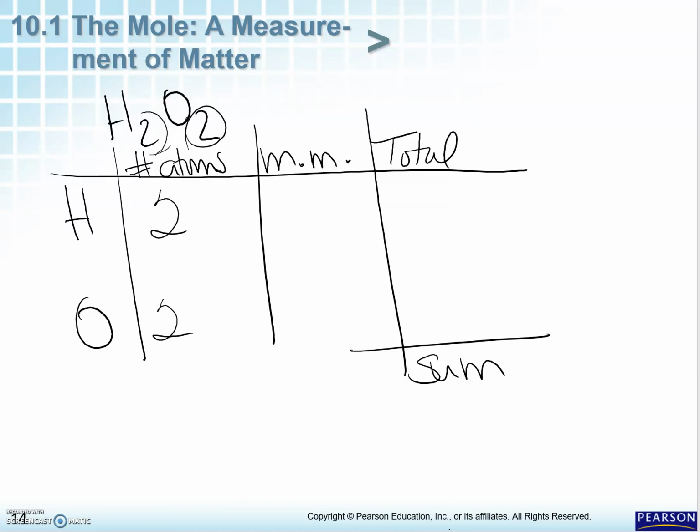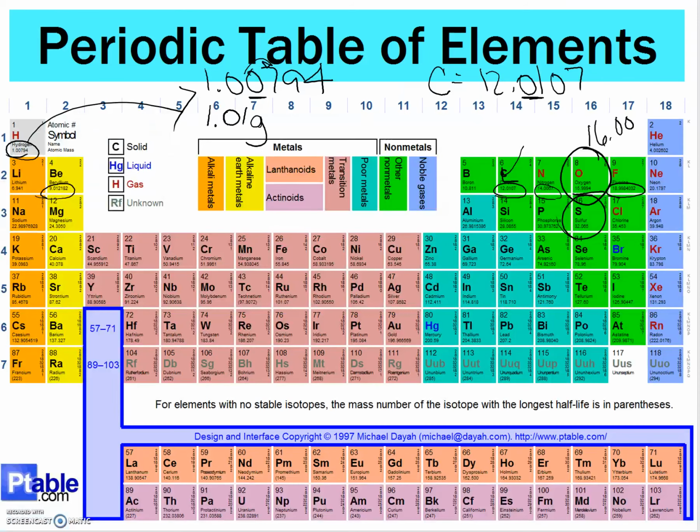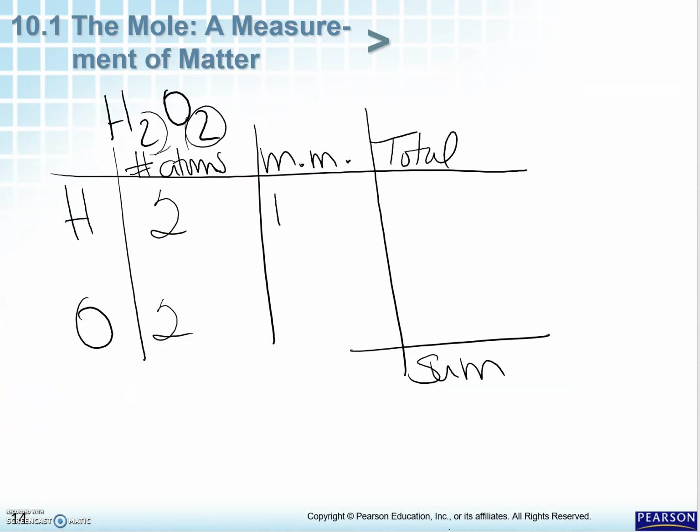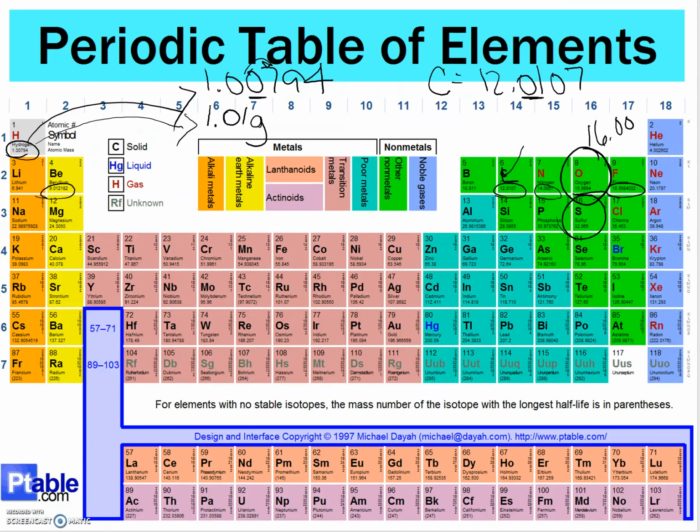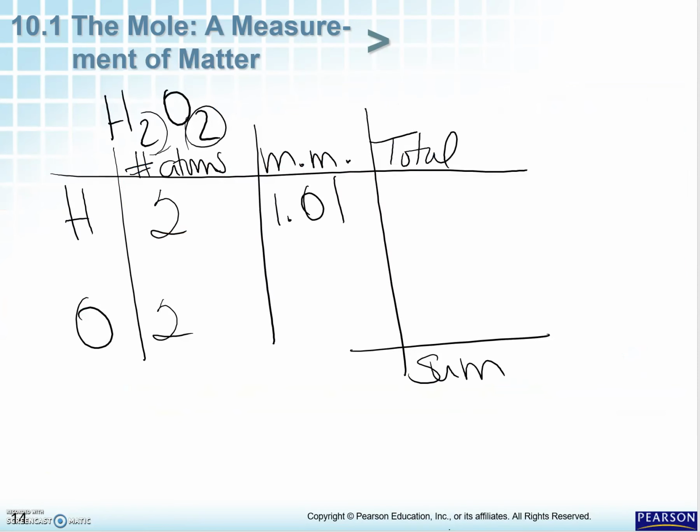Now let's take a look back at your periodic table. For hydrogen, remember we already did this one, it's going to be 1.01. So I'm going to write that right in our molar mass spot. And then oxygen, if you remember from last time, is right here, number 8, and we're going to round that to 16.